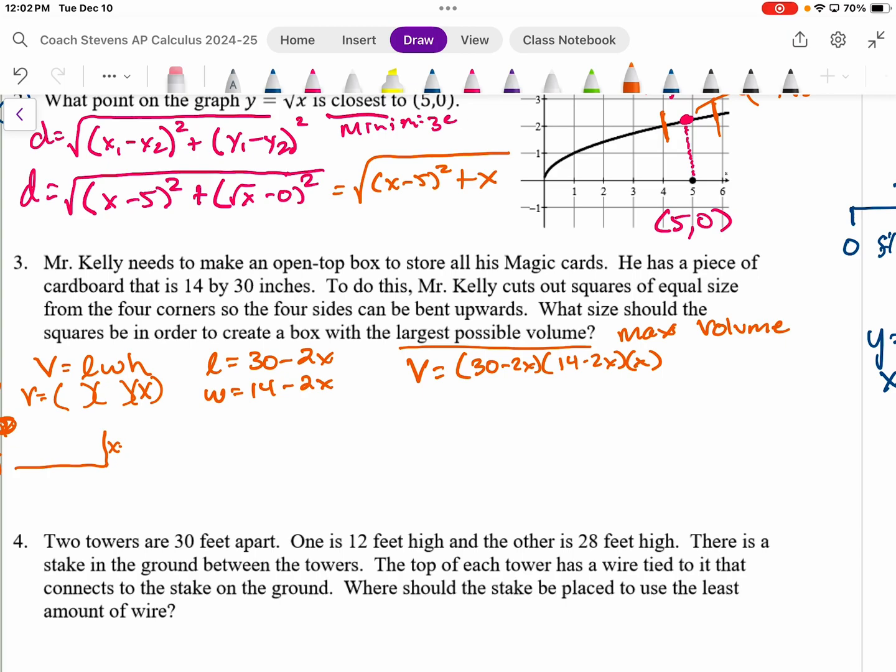So with that in mind, volume equals 30 minus 2x times 14 minus 2x, times x. And then 30 times that, isn't that 420? 3 times 14 is 42, so 420x, and then it would be 60x squared and 28x squared, which would be minus 88x squared, and then is it plus 4x cubed?